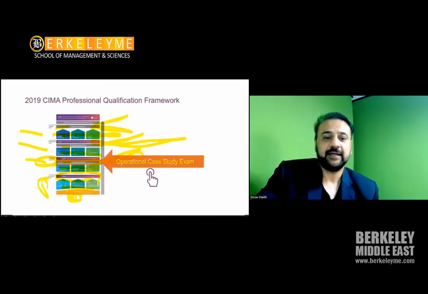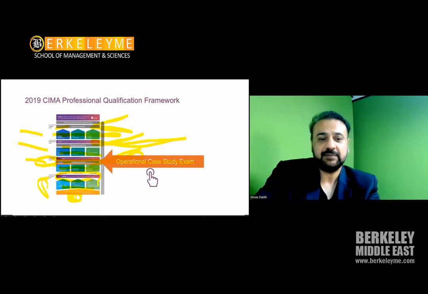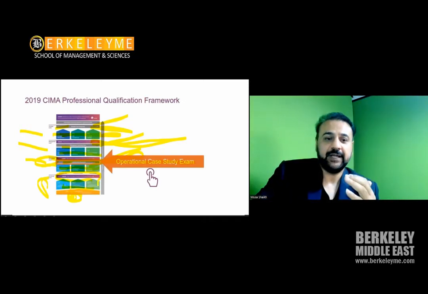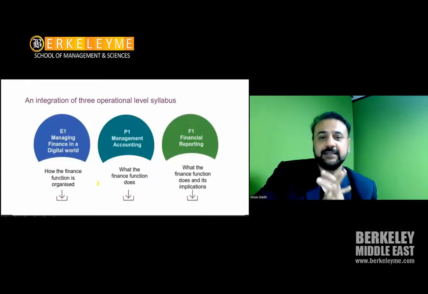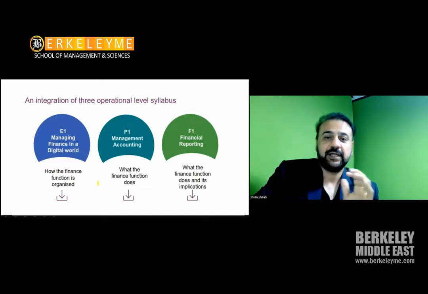Now you can see in the diagram that there are 3 subjects, topped up with 1 case study. The concept behind this is that we study 3 subjects, we answer multiple choice questions and structured questions, we pass the exams, and then we are given a new way of testing called essay type or case study, where a case is released to you before the examination.